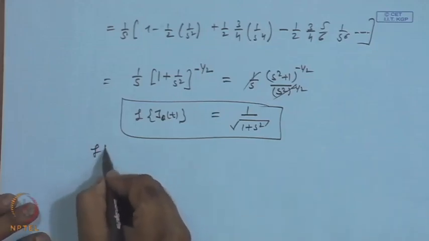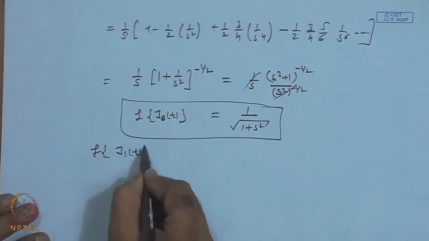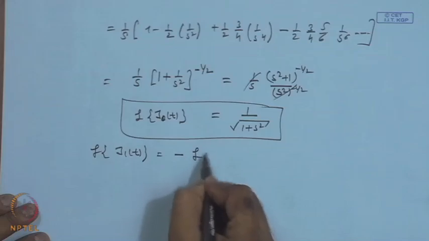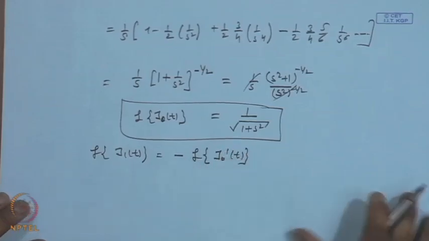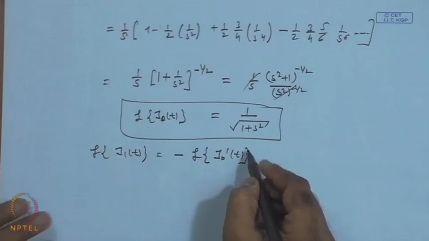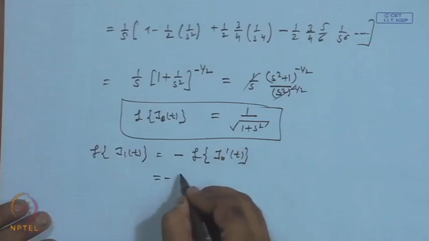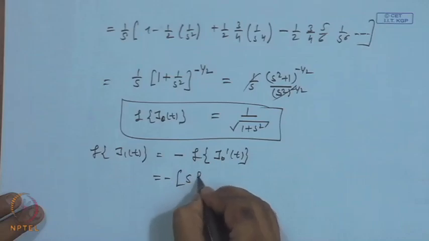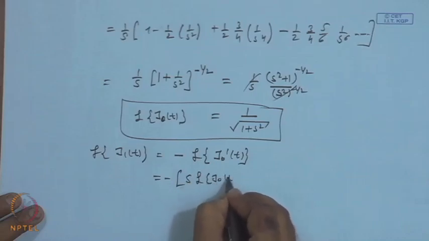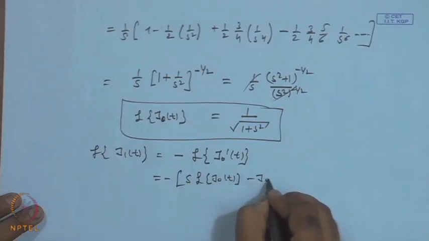Now, if we want to get the Laplace of J1(t), this is minus the Laplace of the derivative of this J with respect to t. So, minus, now we apply the derivative theorem here. So, s times the Laplace transform of J0(t) minus J0(0).